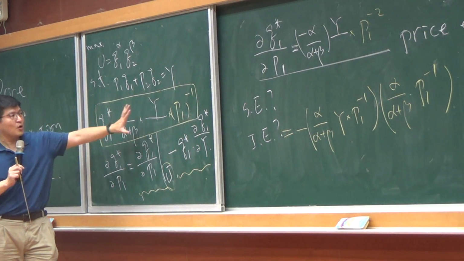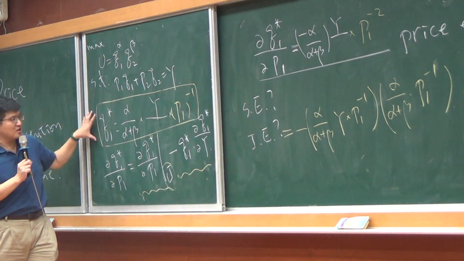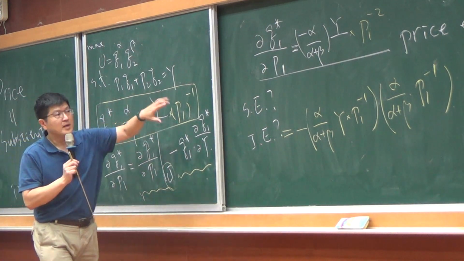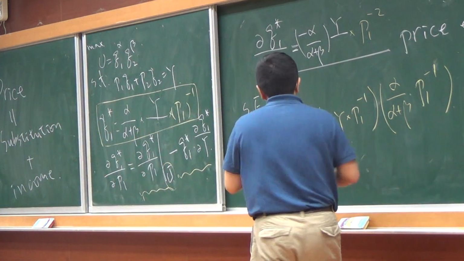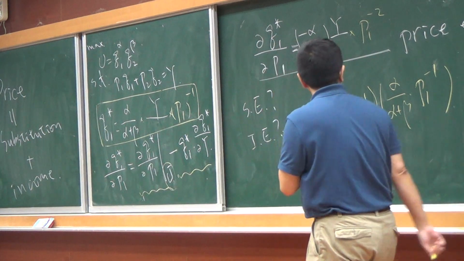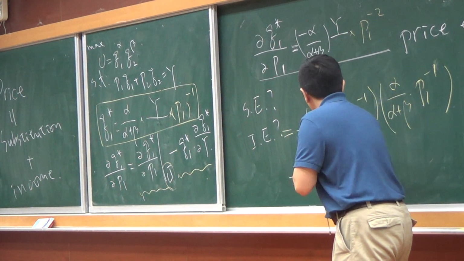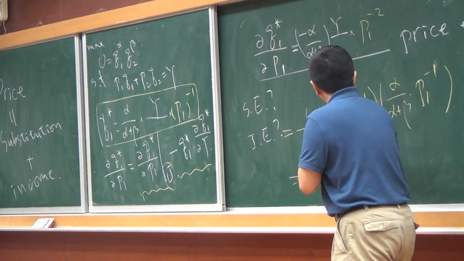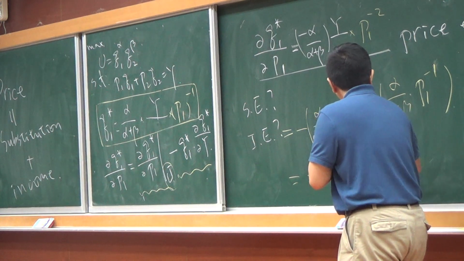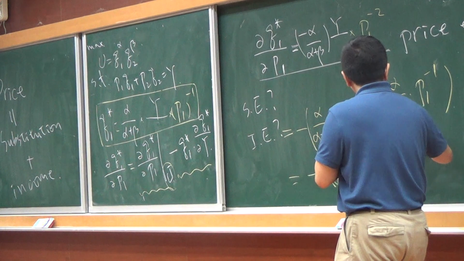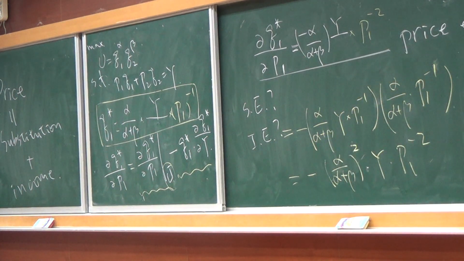So it's quite easy to differentiate this term with respect to Y. So we got this, and it would be alpha over alpha plus beta, squared, Y P1 to the power of negative 2.